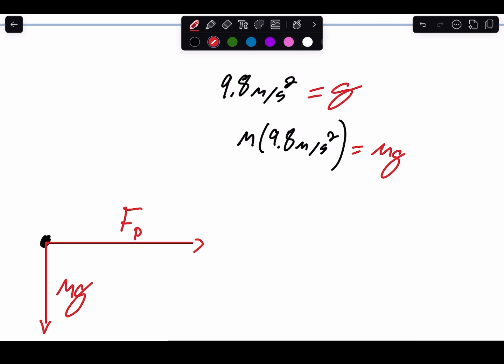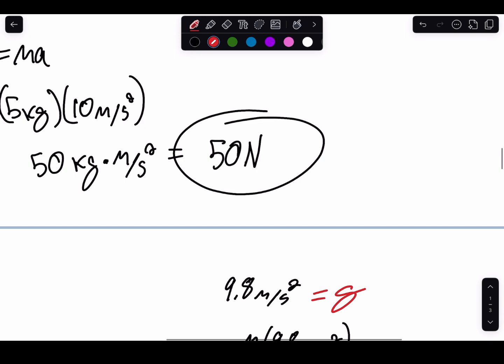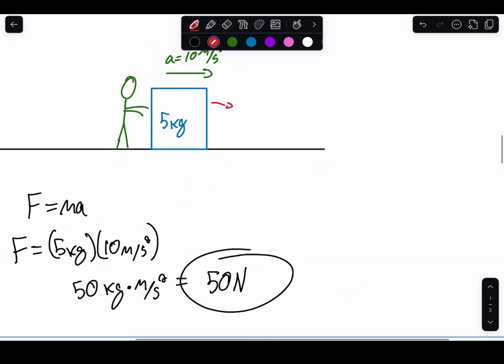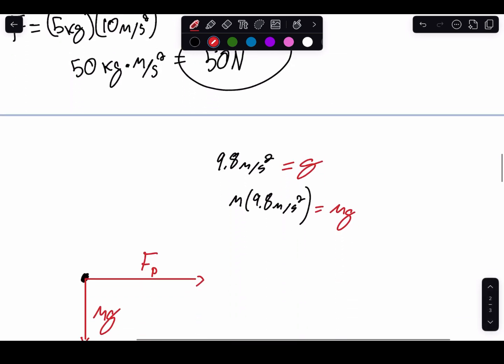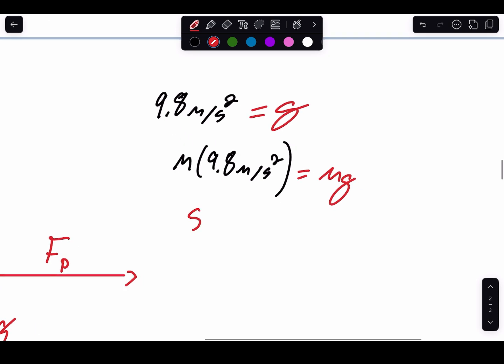We don't really know the mass of the guy, but we do know the mass of the box. It says right here, 5 kilograms. So 5 kilograms times 9.8 meters per second squared is, grab your calculators.